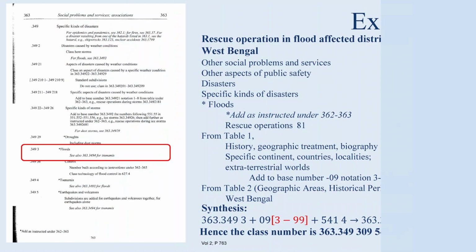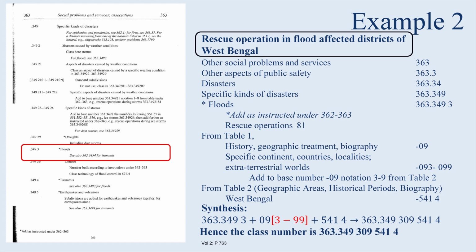Okay, let's concentrate on the next problem. This is rescue operations in flood affected districts in West Bengal. You know, during the monsoon, different districts of West Bengal are affected by floods. So the particular book is dealing with different rescue operations for flood victims in the districts of West Bengal. Again, it is a social problem related to public safety.